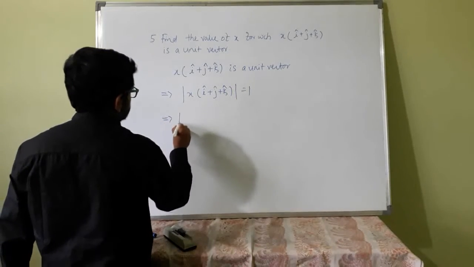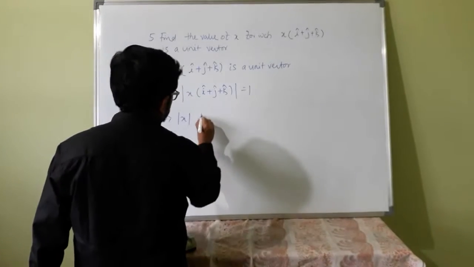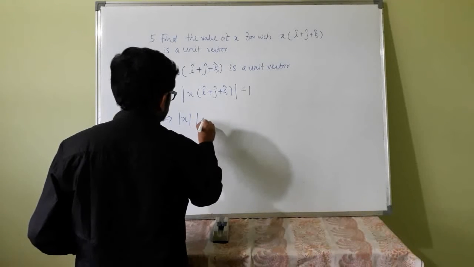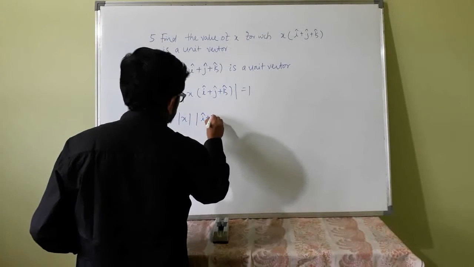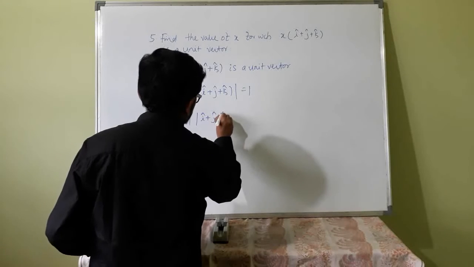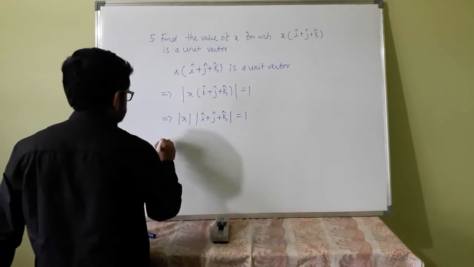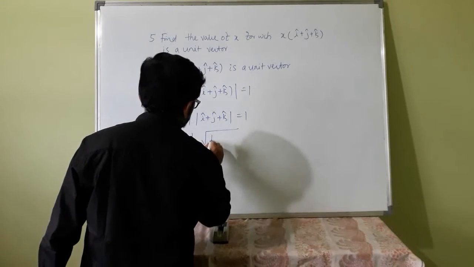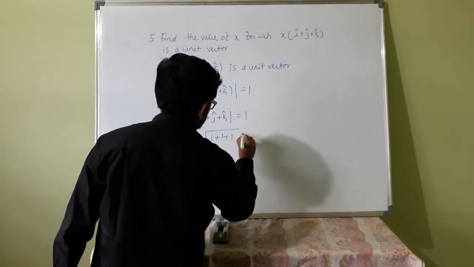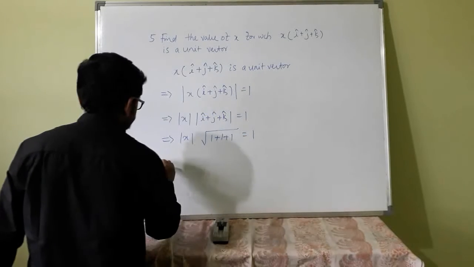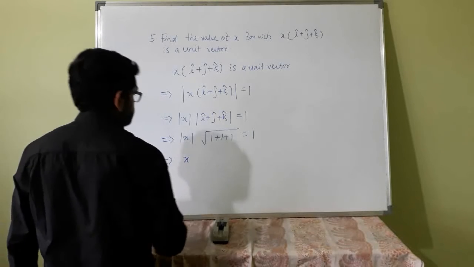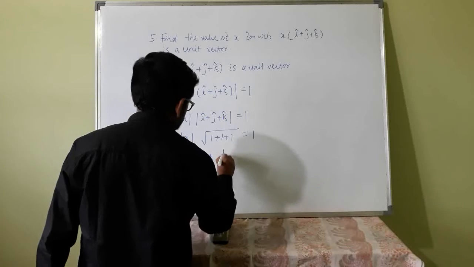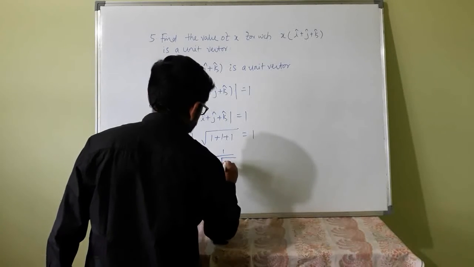That implies x times the magnitude of i plus j cap plus k cap, which is the square root of 1 squared plus 1 squared plus 1 squared, is equal to 1. That implies x is equal to plus or minus 1 by root 3.